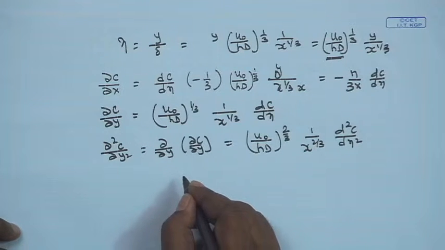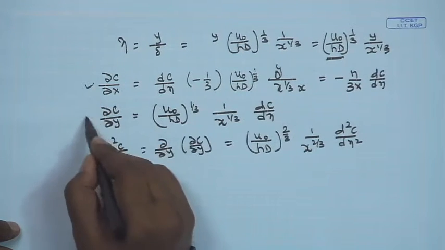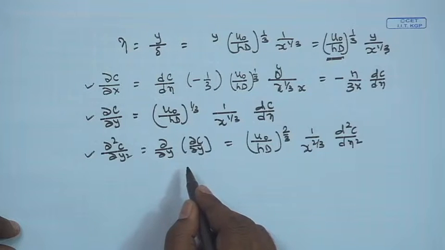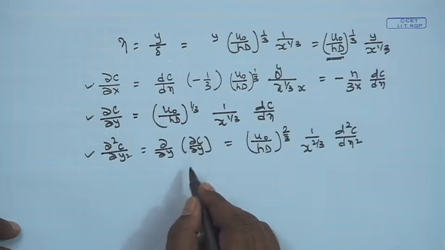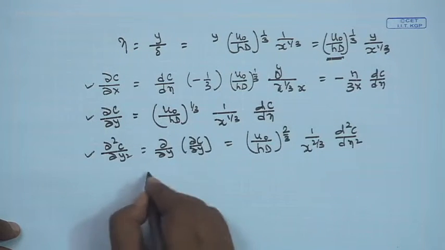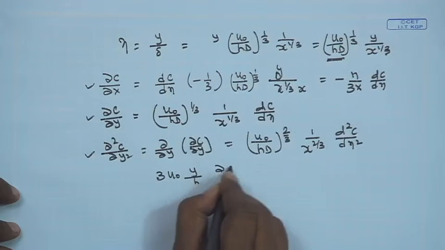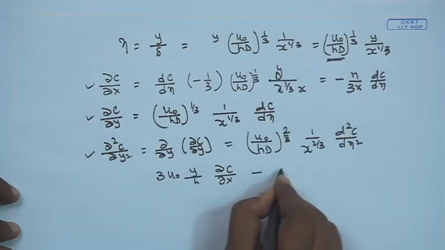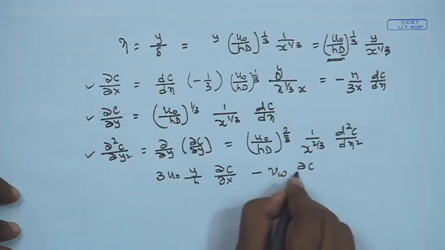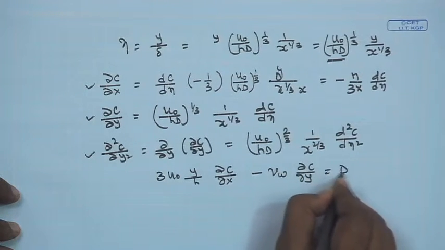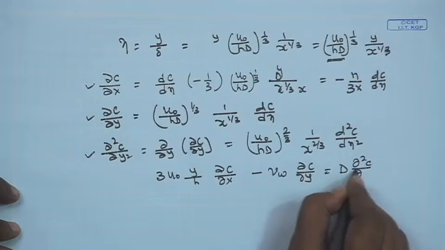Now, we substitute these partial derivatives in the governing equation, and if you remember, the governing equation is 3 u0 y by h del c del x minus v w del c del y is equal to d del square c del y square.